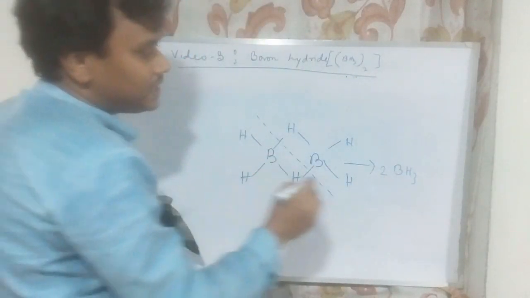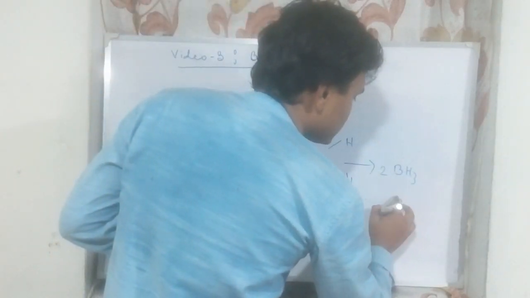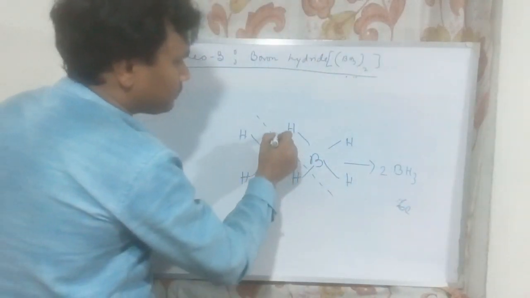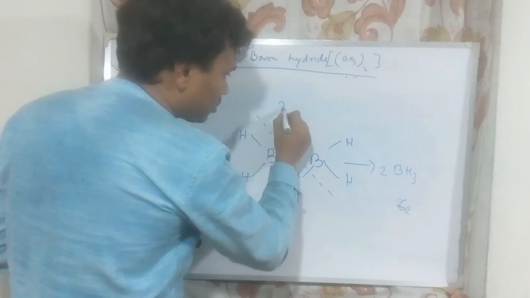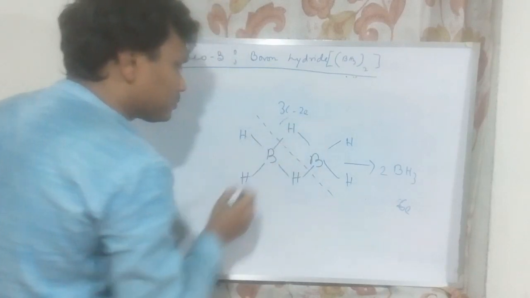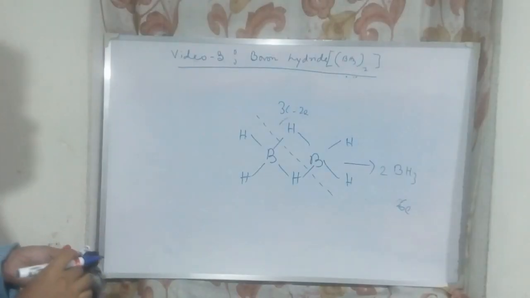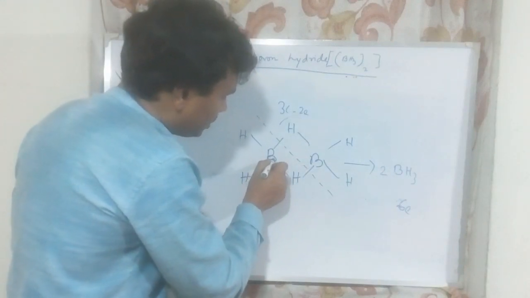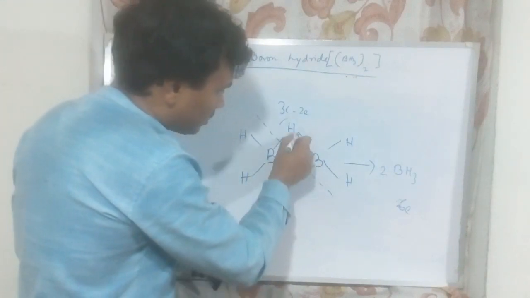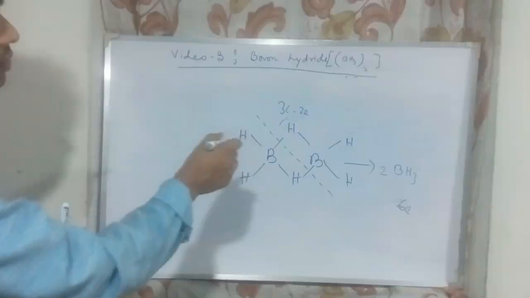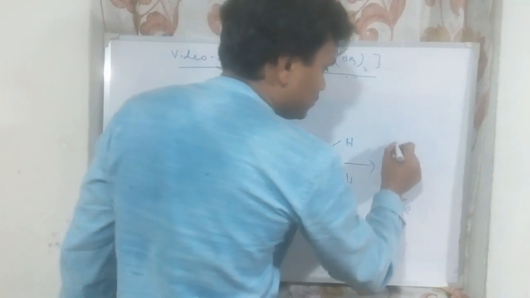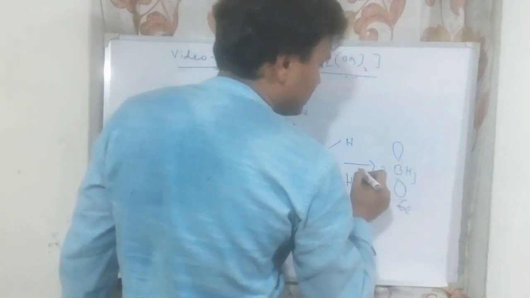But this BH3 is a 6-electron species, and in the dimer they form this 3-center 2-electron bond to reduce that electron deficiency, and eventually each boron fills up its octet because of this 3-center 2-electron bond.